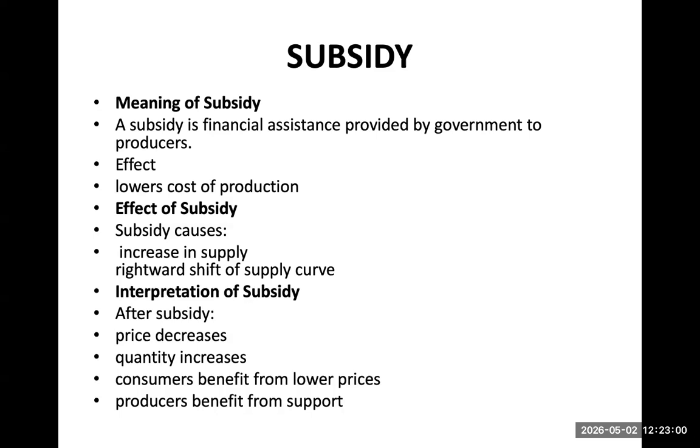The quantity supplied has increased because of the subsidy. The farmers are getting fertilizers. They are using the fertilizer to increase their production because they are no more buying fertilizer at the higher prices, but rather at the lower prices. So based on that, they can increase their productivity.